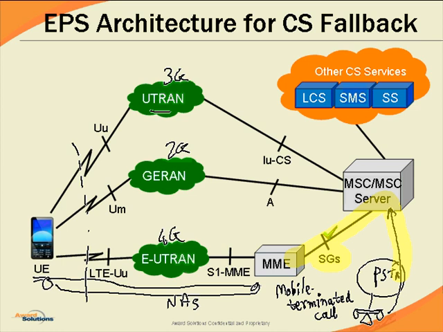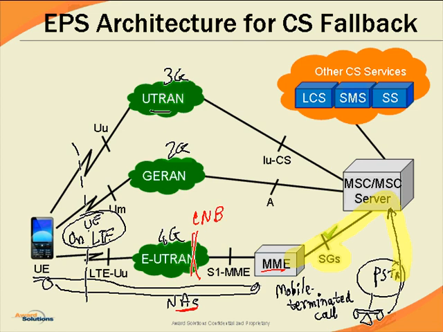Right now, the UE is on LTE. So the UE talks to eNode B, etc. So we are on the LTE air interface at this point. So we have connectivity with the MME, that is the non-access stratum signaling connection. So here is the eNode B.